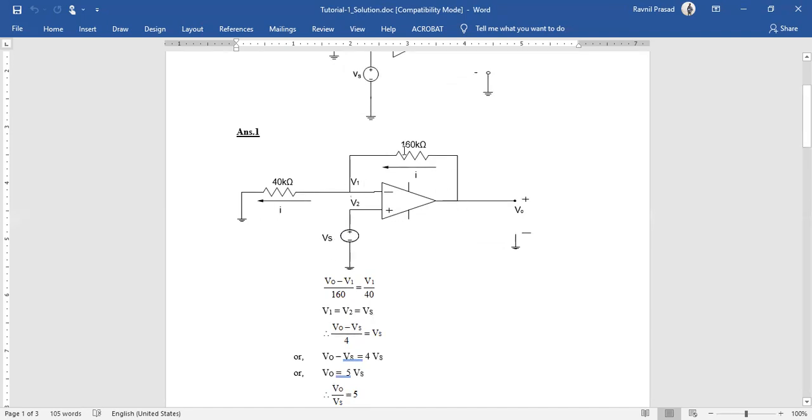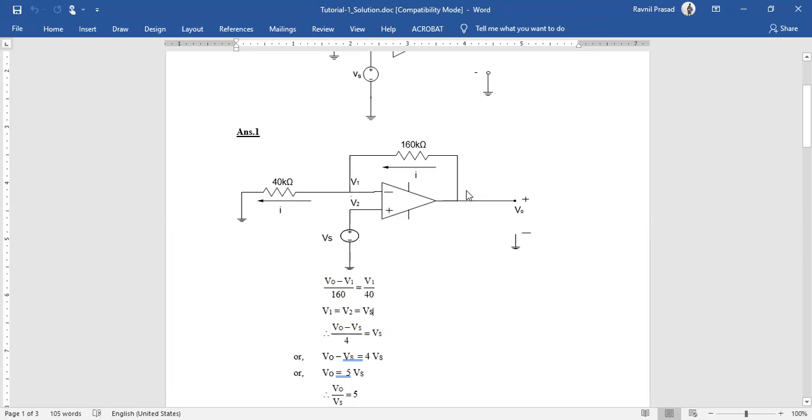And if we write the nodal equation for the node voltage over here, it will be V naught minus V1 divided by 160, which is equal to the same current flowing over here. There is no current flowing into the op-amp, because this is a feedback system, so the gain is defined by the feedback, not by the op-amp itself.